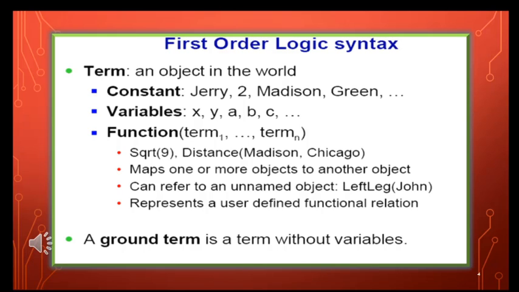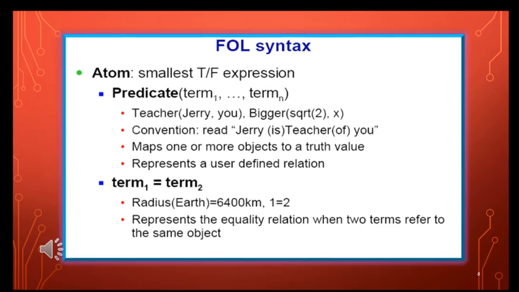An atom is the smallest true or false expression. It always returns true or false. The first kind of atom is a predicate. A predicate symbol is applied to zero or more terms. Predicate symbols stand for relations, so we might have things like teacher(Jerry, you), or sister(Jane, Joan).